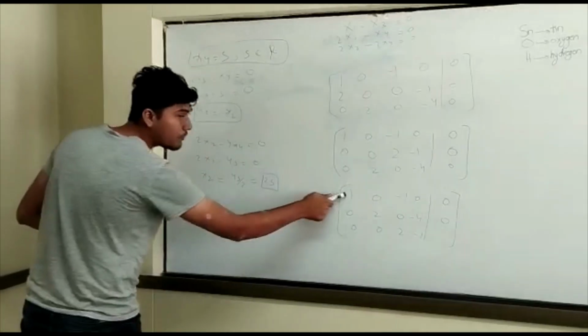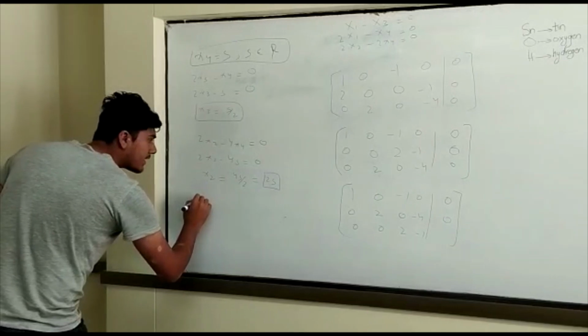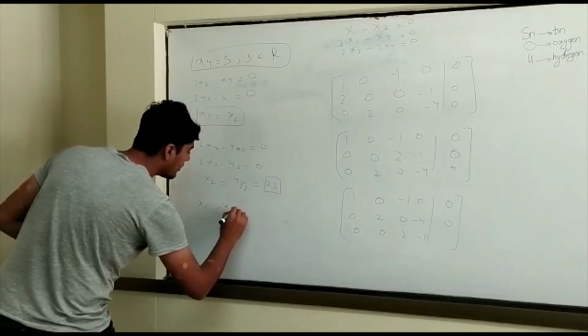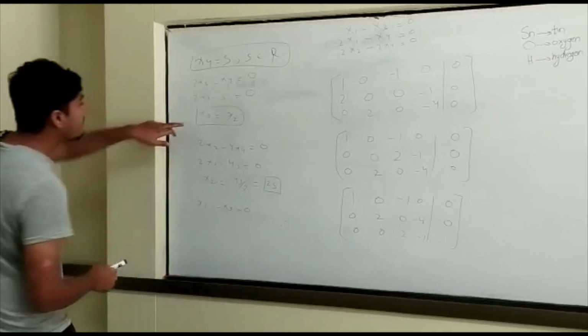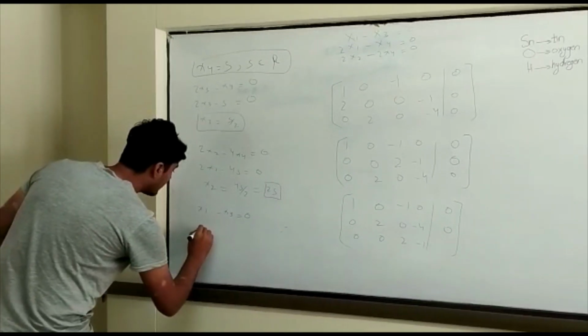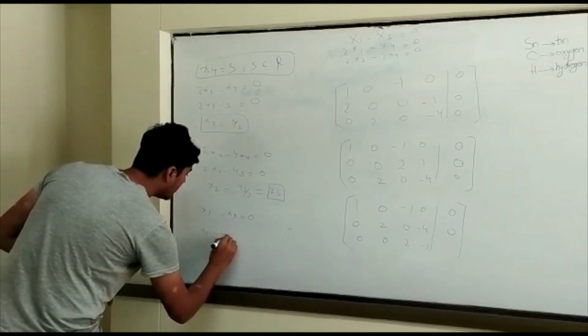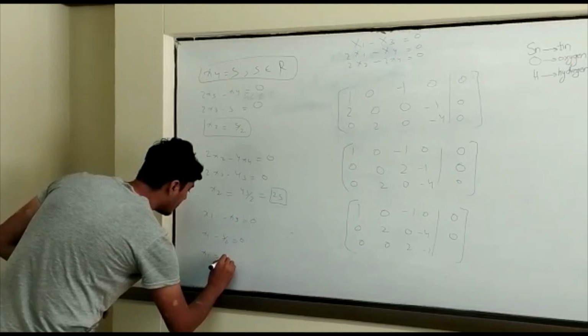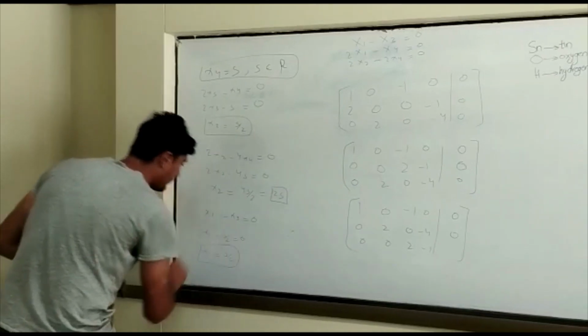For x1, we go back to row 1, we get x1 minus x3 equals 0. x3 we have already figured out as s by 2, so x1 minus s by 2 equals 0, and then x1 we get as s by 2.